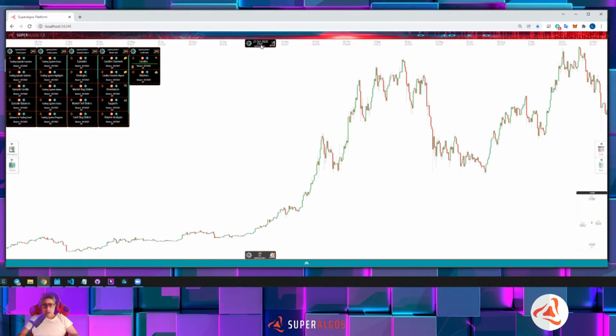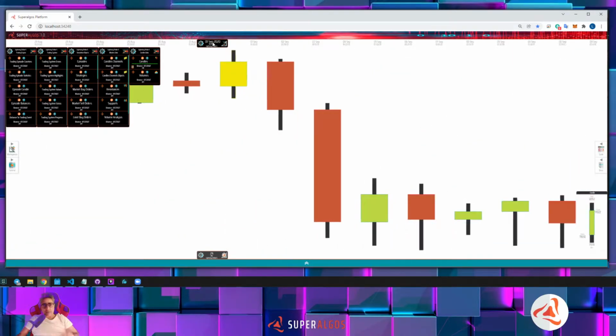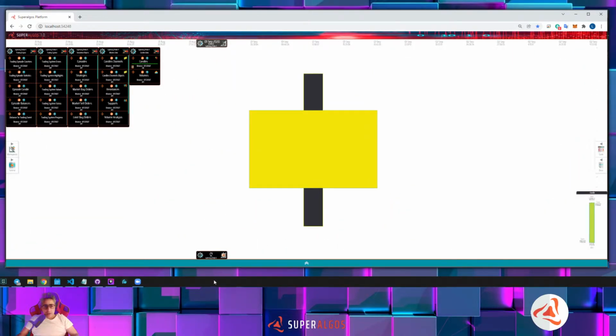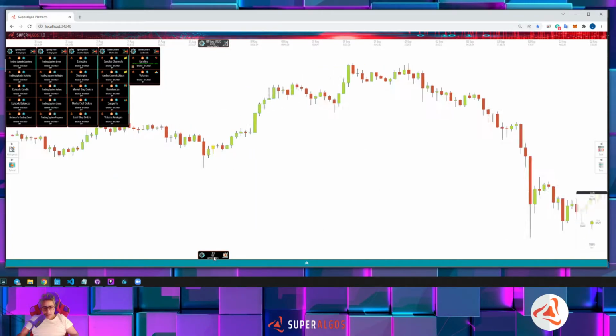So we know that the backtest happened on the 1st of September 2020, so that's what we're going to expand, and go to 1 minute here.